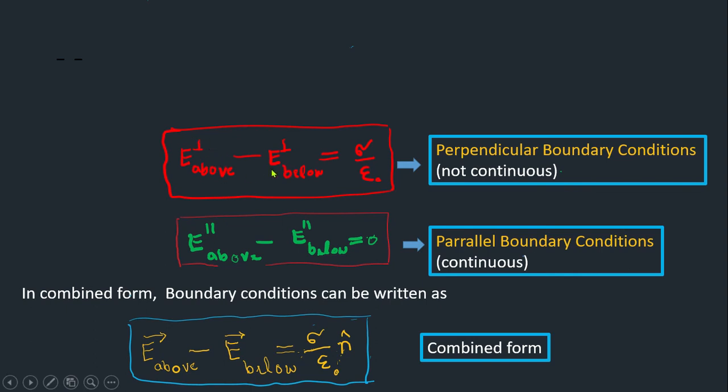Therefore, in vector form we can write this equation in this way: E perpendicular above n cap minus E perpendicular below n cap is equal to sigma over epsilon naught n cap. And for the parallel component above the surface, we can write this equation in the parallel form, and we multiply here with the x cap, and x cap here.